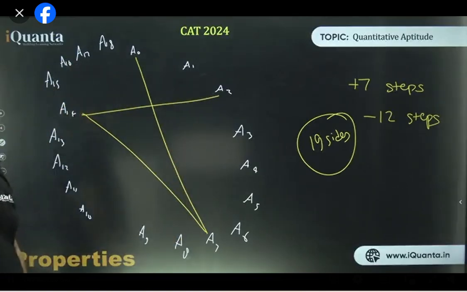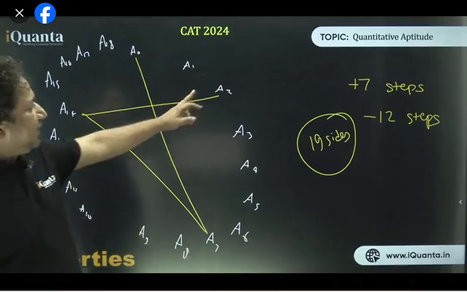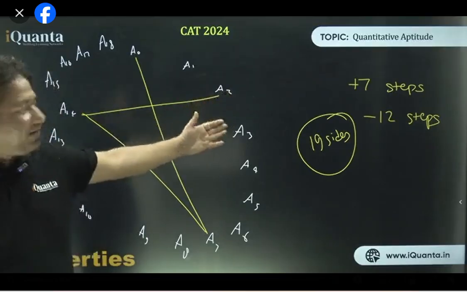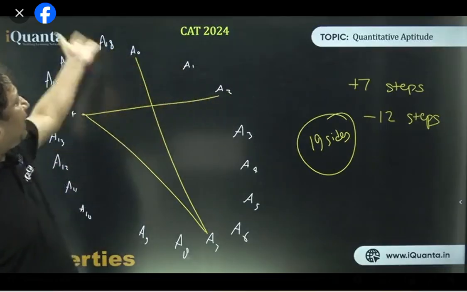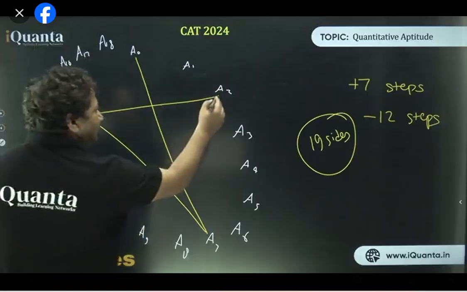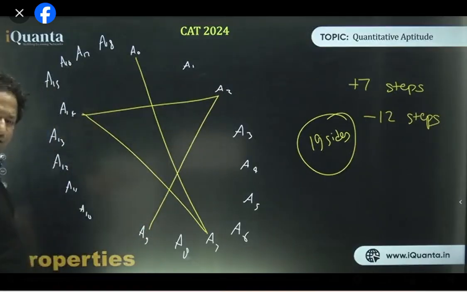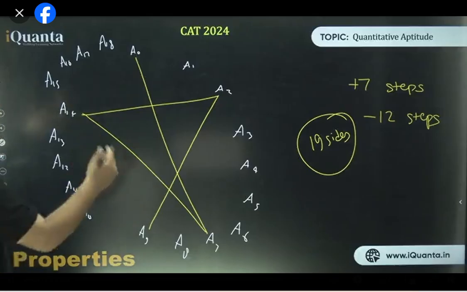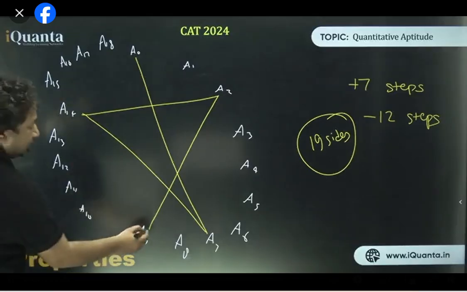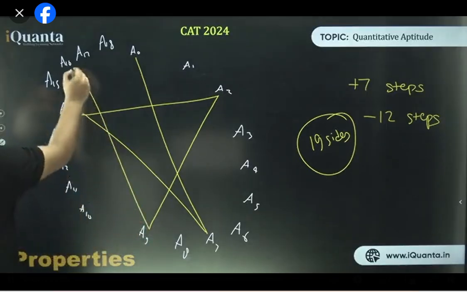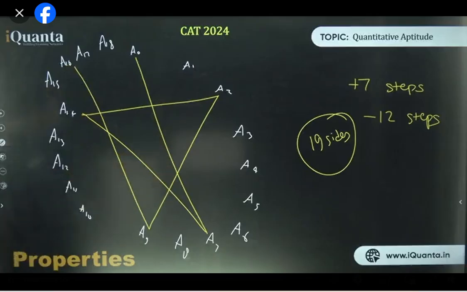So, I'll do this till the time it is possible for me. A2 plus 7, I can go plus 7, right? Because there is an opportunity. I can go till A18. So, plus 7, A2 to plus 7 is A9. Can I go 7 steps ahead? Yes or no? Tell me. Yes. A9 to A16. Now I want you guys to tell me where should I go from 16 to 16 to?